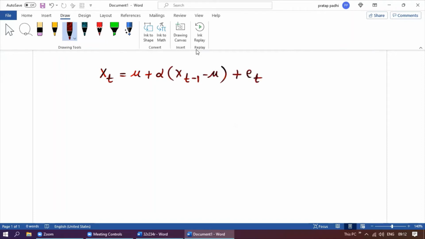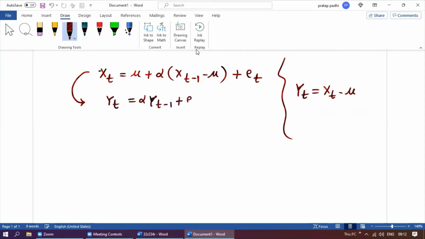Then we'll turn it into another series yt where there will be no mu. So I will write yt equal to xt minus mu, and I will put it here. Yt will be equal to alpha yt minus 1 plus et. Then it will be easier for me.